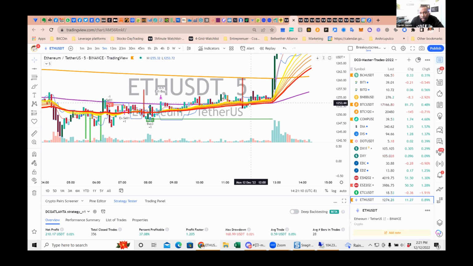Normally I like to wait till I see a dark green. So I wouldn't have gotten in right around here at this dark green level from 1252 to 1255, that would be the entry, and then the stop would be this line here, which minimizes your loss.